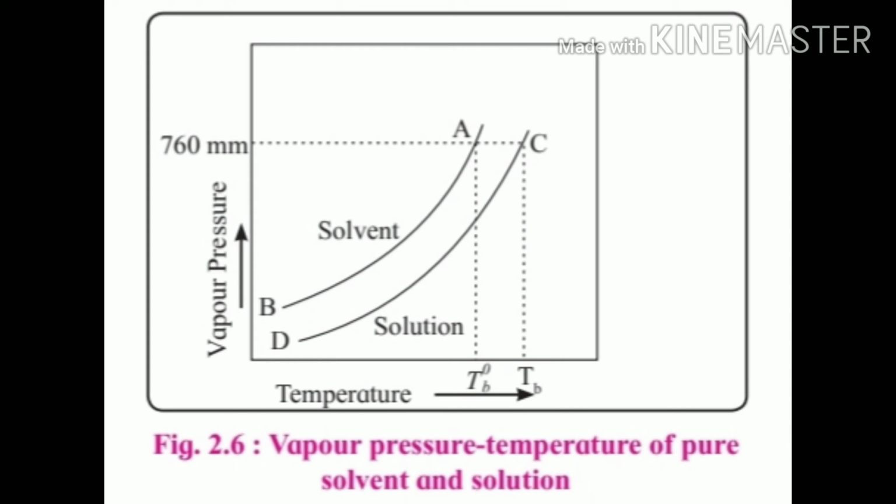And why is that so? Because I told you, when we add a non-volatile solute, the boiling point of the solution is going to increase. Here you can see the vapor temperature curve of solution is below to that of solvent. So we need to increase the temperature by heating the solution.